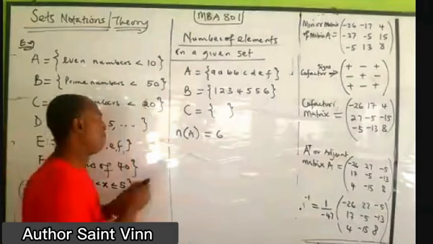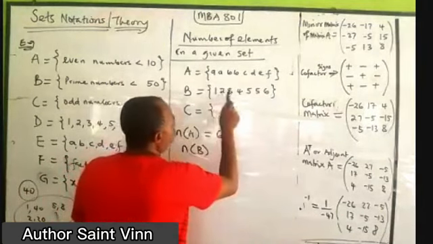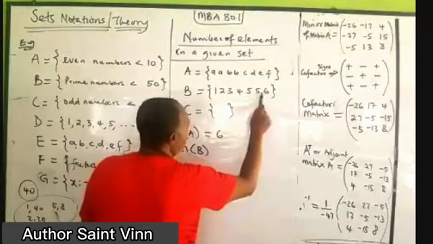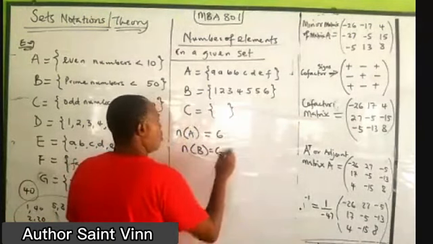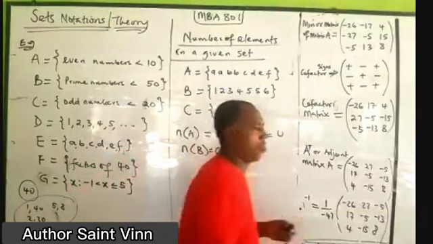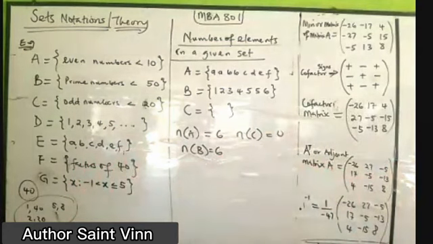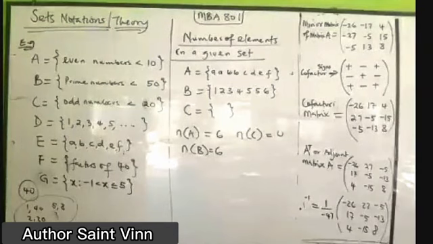Is it clear? Number of elements in set B is 1, 2, 3, 4, 5, 6. Number of elements in set C is what? 0. So when the number of elements of a set is 0, that set is known as the empty set or null set. Are we following?